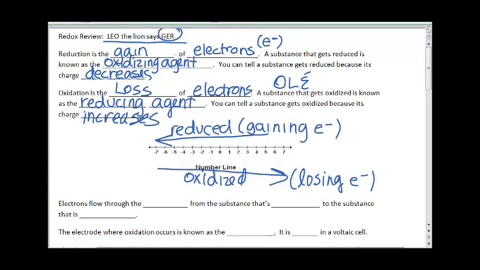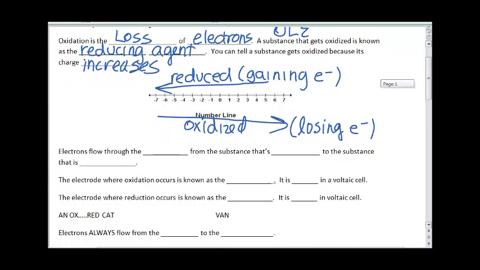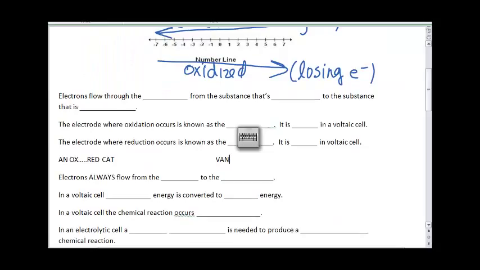Okay. So we can separate the loser from the gainer and put them in half cells. We would call one a reduction half cell and the other an oxidation half cell. If we do that, then the substance that wants the electrons kind of pulls the electrons through a wire.